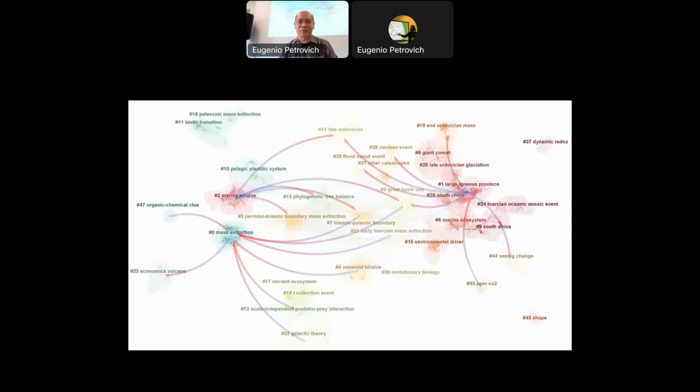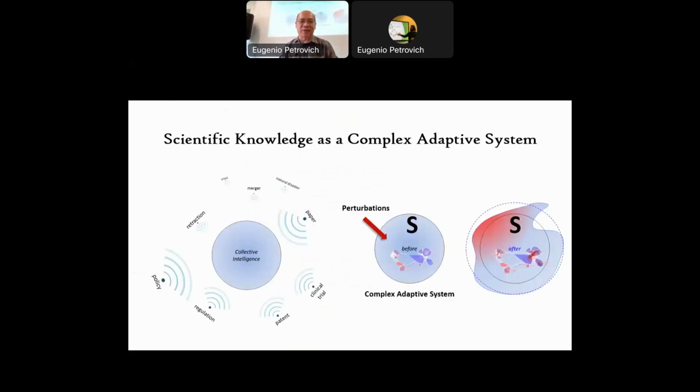Here are some other examples. I'll go back to explain something interesting here. This is, again, the framework of the whole process we're dealing with. We think about science, or scientific knowledge, as a complex adaptive system. That means it is very complex, and we can consider lots of different types of input. We have publications as input, and we have retractions, which are also input.